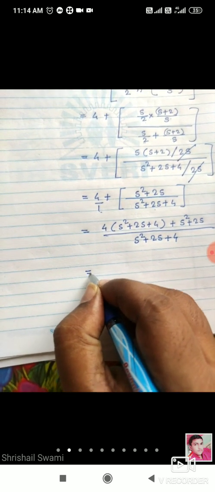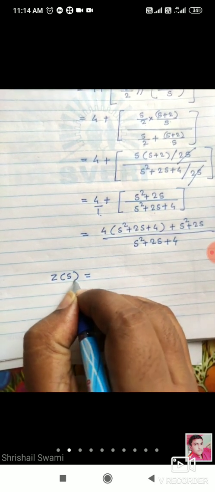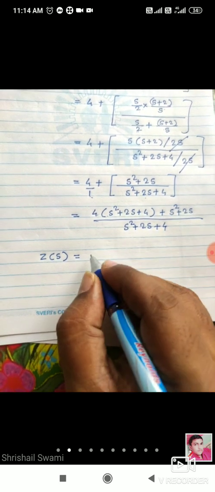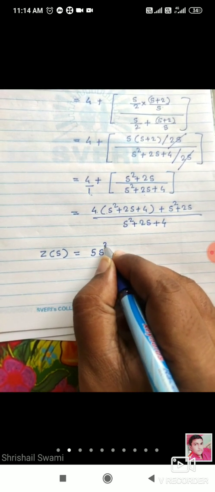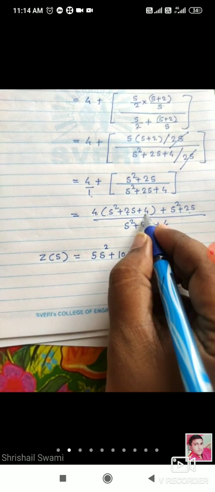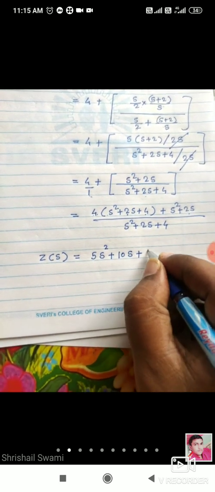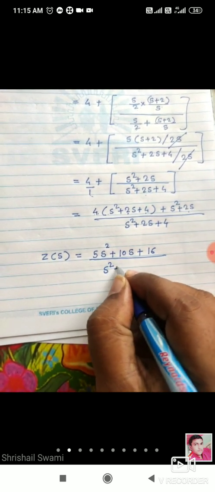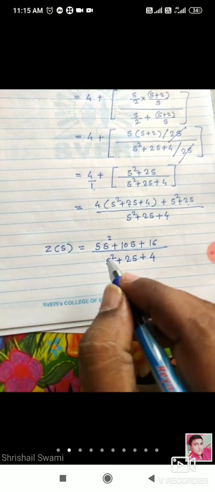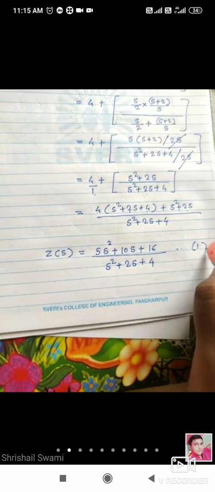Now finally you will get the Z of S. So Z of S is equal to, now 4S square and S square, that is 5S square, plus 4 into 2S, that is 8S, and this 2S, that is 10S. Next 4 into 4, that is 16, divided by this term S square plus 2S plus 4. So this is equation number 1, that is Z of S.